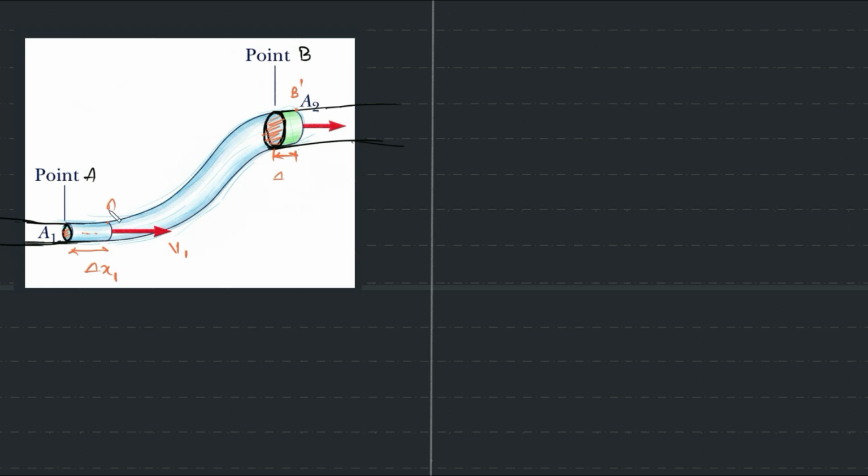Here they have moved to point A dash, and this depth is delta x2, and this velocity is v2. Okay, so this is the scenario.